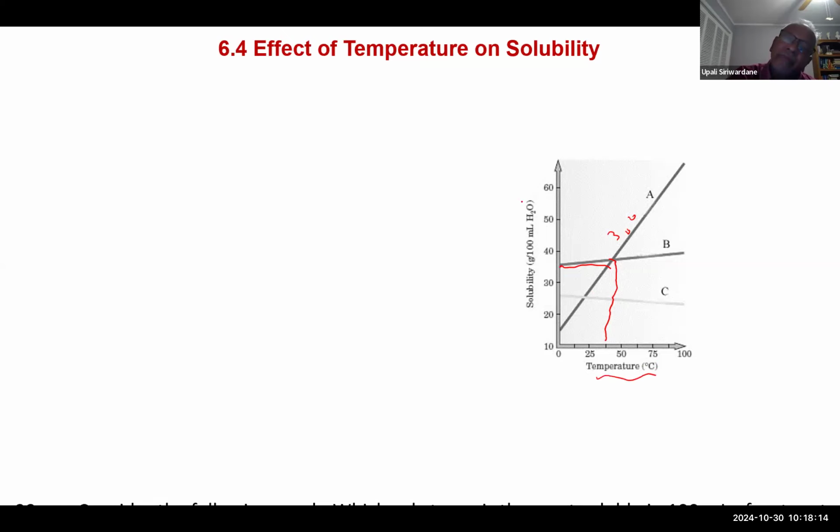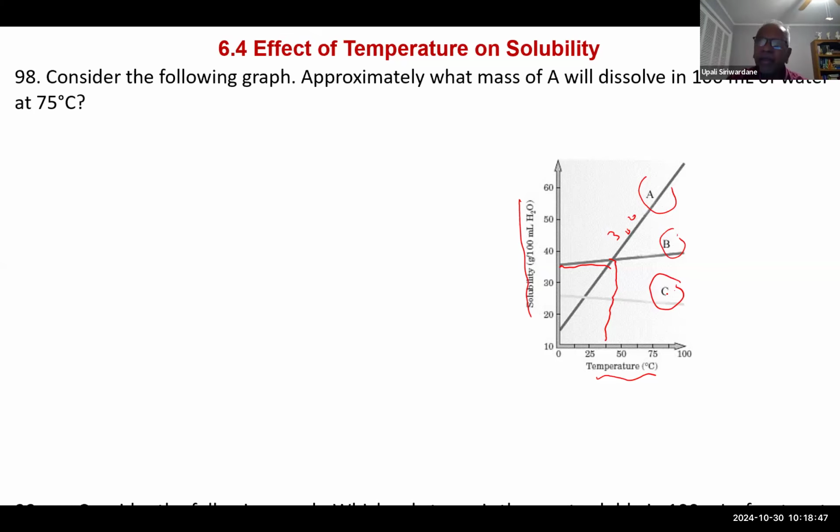You have to look at temperature and solubility. A is sodium chloride, which is highly soluble. B is less soluble than A. Temperature has less effect. This is one example where solubility decreases as the temperature increases.